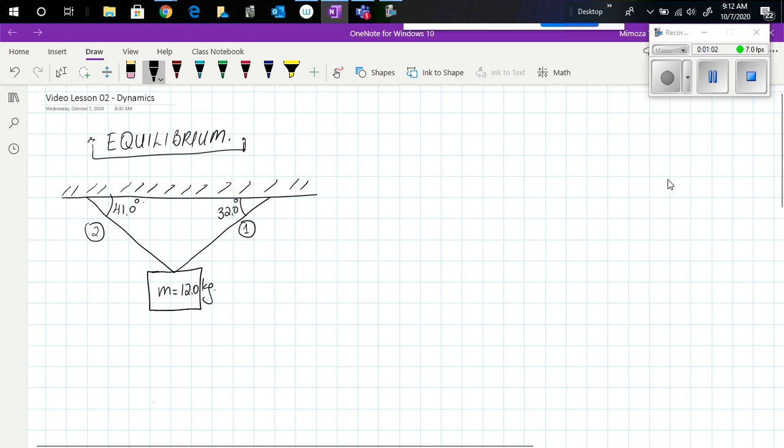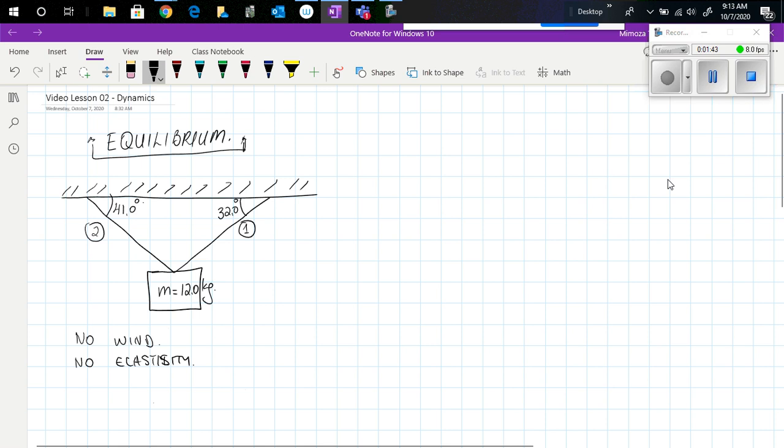So this is what we talked about yesterday, the situational diagram. The assumption that we make in this case is that the object is not moving. So no wind is affecting the motion of the object, and there is no elasticity in the strings of the object.